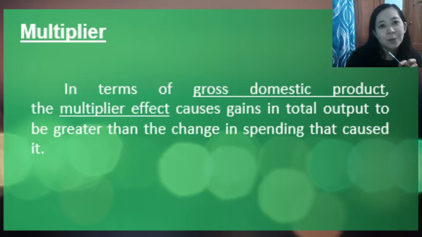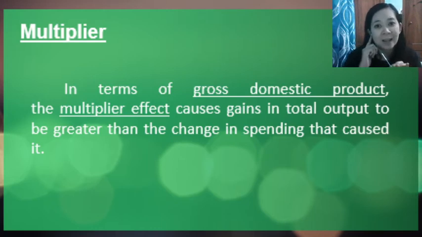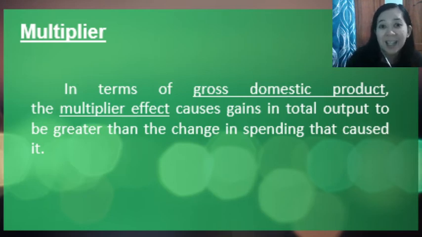In terms of GDP, the multiplier effect causes gains in total output to be greater than the change in spending that caused it. So it is something that causes change or increase. In this case, for the GDP, the factors that it affects are the gains in total output and the change in spending.